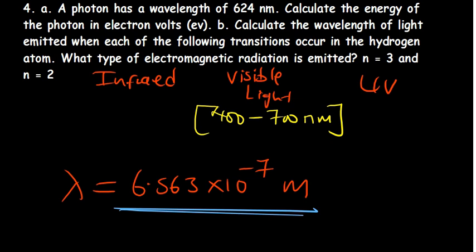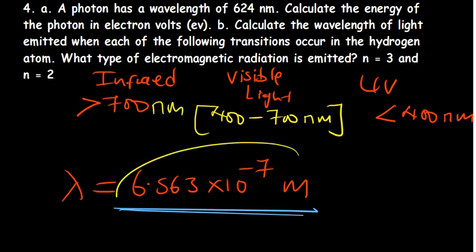So UV has the shortest wavelength of the three, meaning it's supposed to be less than 400 nanometers, and infrared is supposed to be greater than 700. We're dealing with nanometers here, so it's better we convert our answer to nanometers. How do we do that? Since it's in meters, we can just multiply by 10 to the power 9.